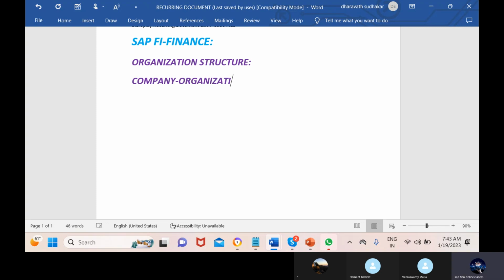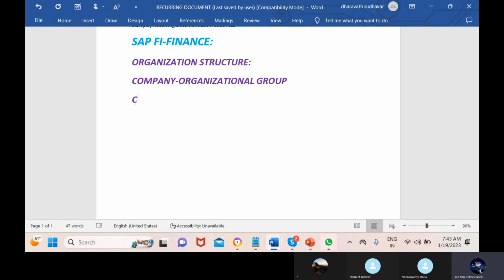Take an example, the Tata Group. Tata Sons is a holding company, and TCS, Tanishq, Tata Hotels, all of these are company codes.